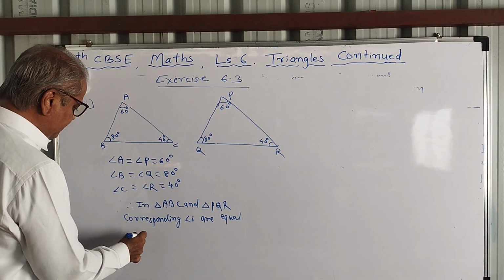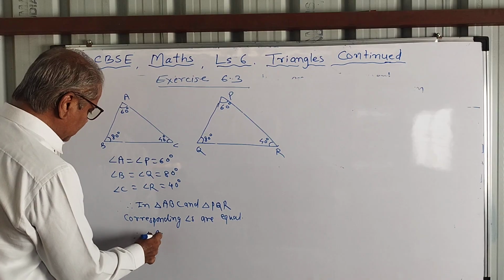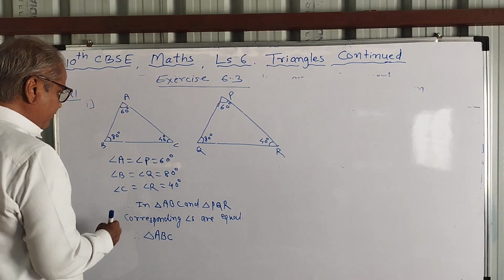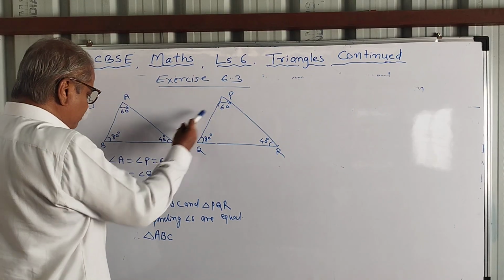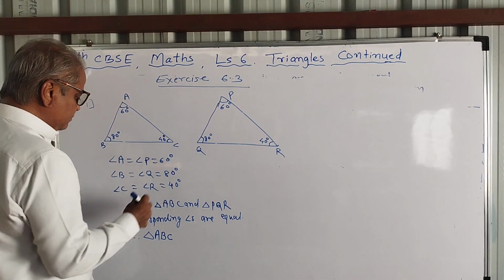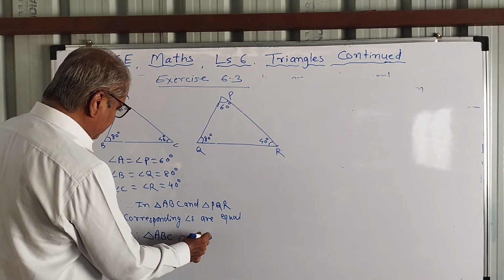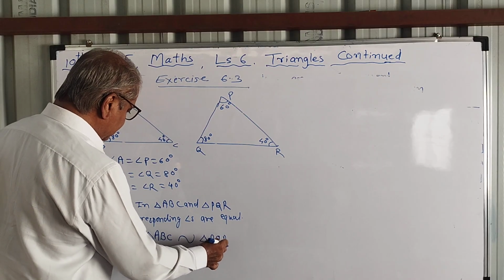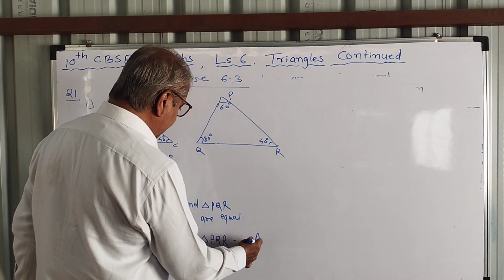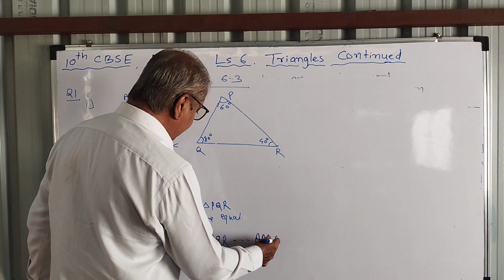Therefore, the final answer: write the correspondence very clearly and accurately. A corresponds to P, B corresponds to Q and C corresponds to R. So triangle ABC is similar to triangle PQR, and the criterion to write is the AAA criterion.